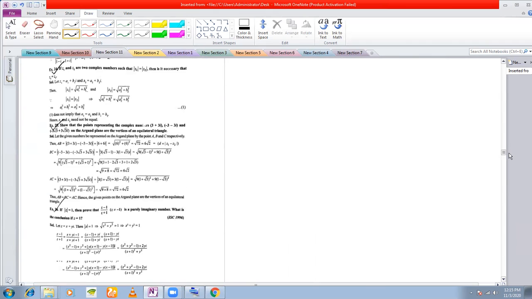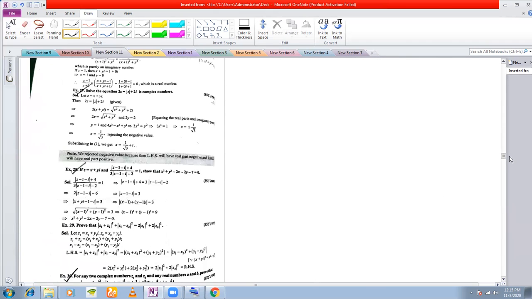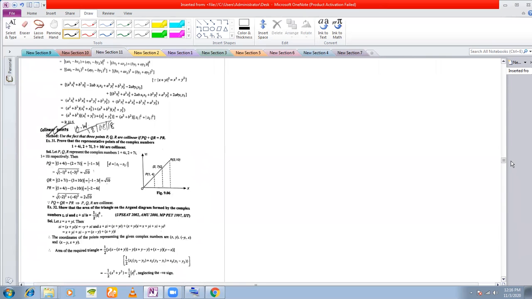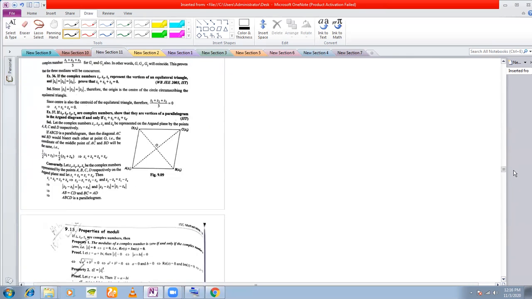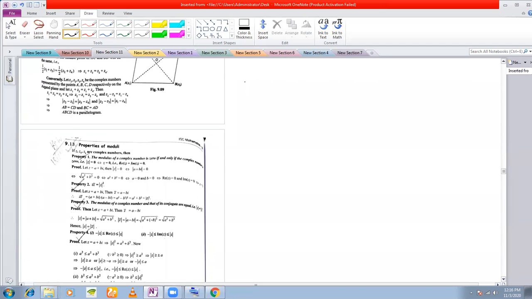Okay, so, properties of modulus. First property is that if the modulus of a number is 0, then you can say that the complex number is a zero complex number.